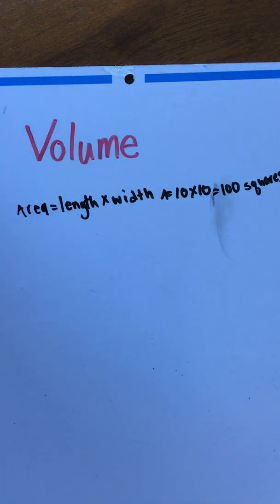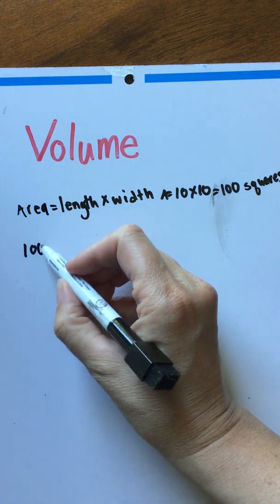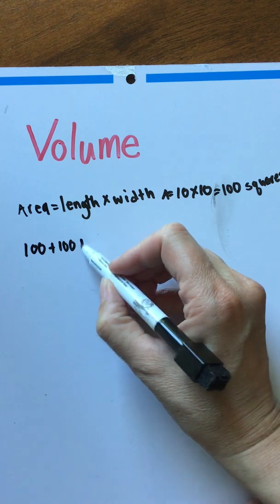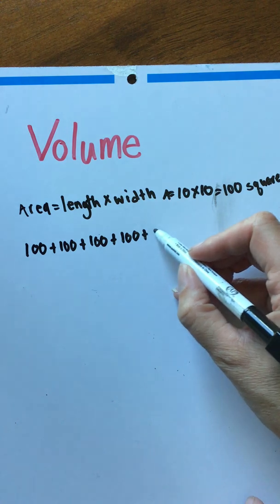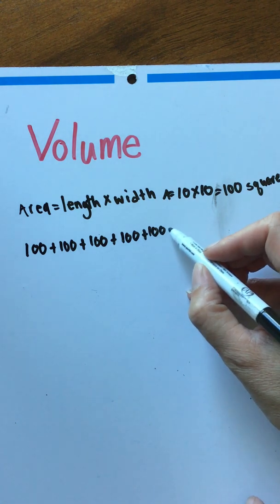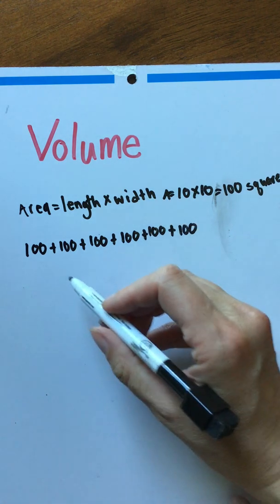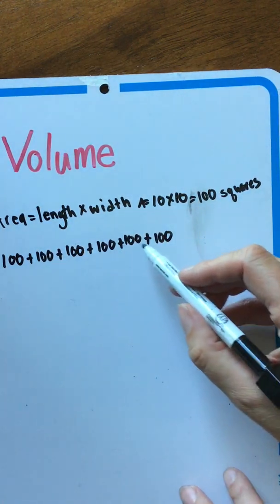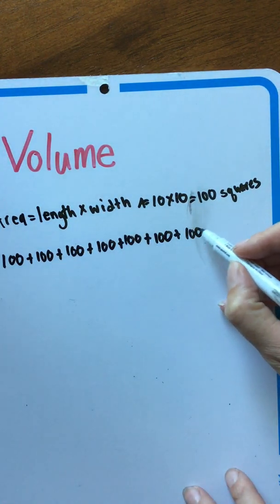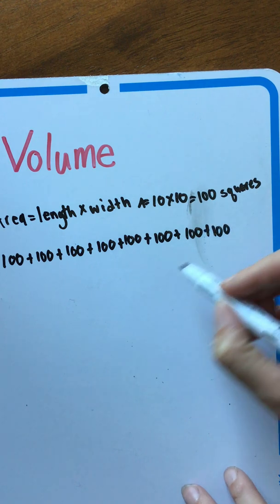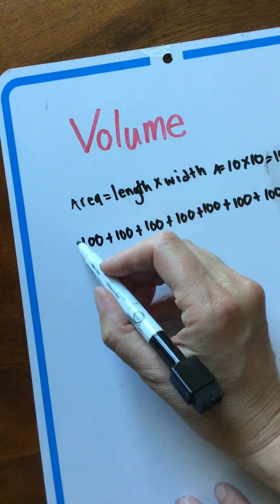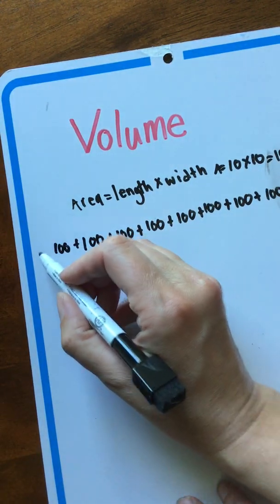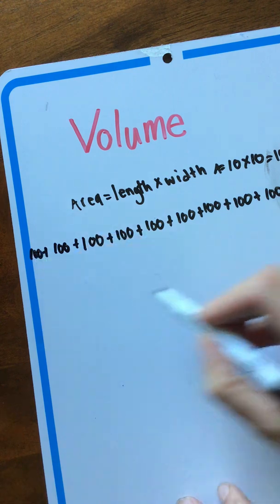Okay, so that would be like saying we have 100 squares plus 100 squares plus 100 squares, and so on, 10 times.